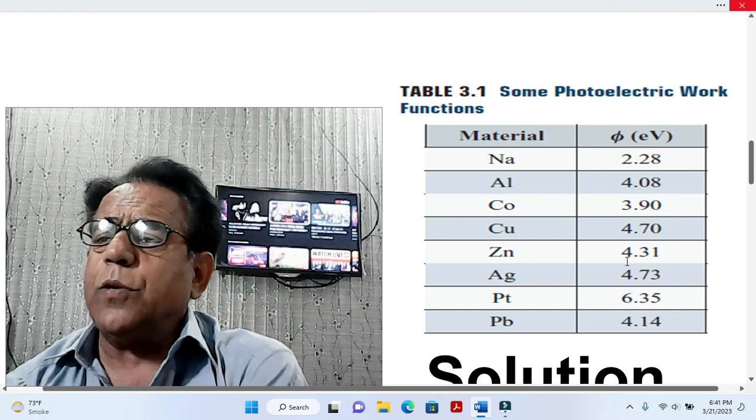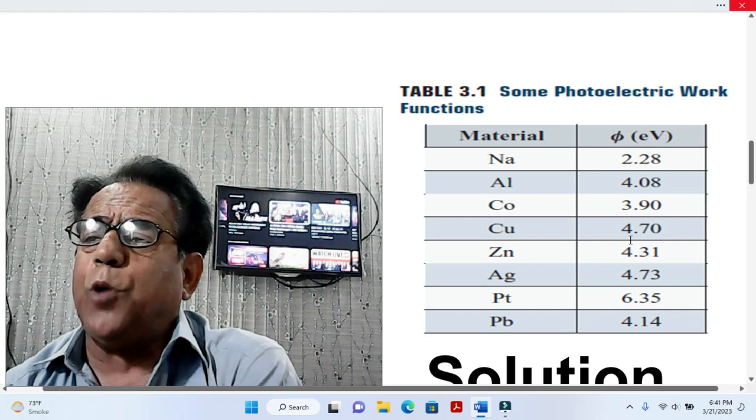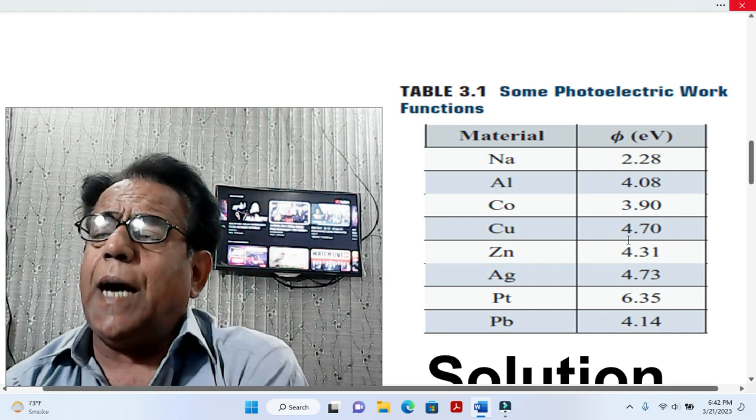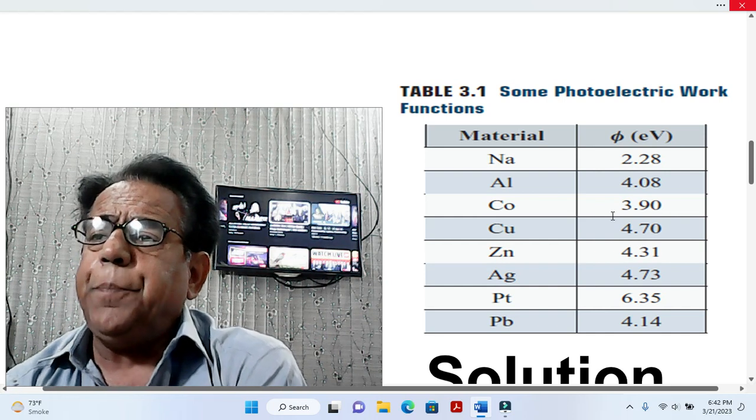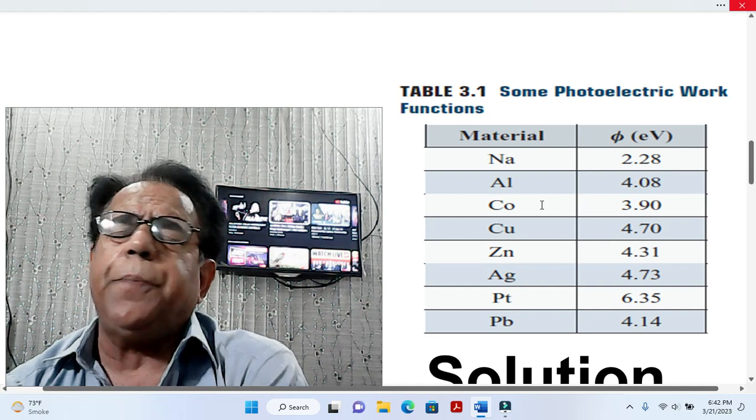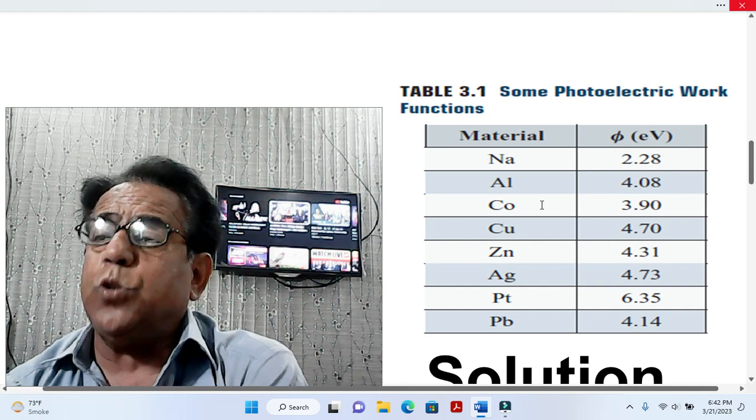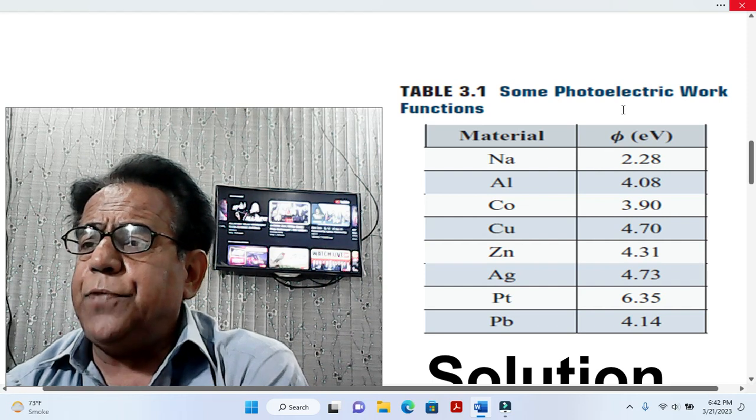In our previous problem we had shown a table of Greek alphabets so that we could pronounce these constants correctly.